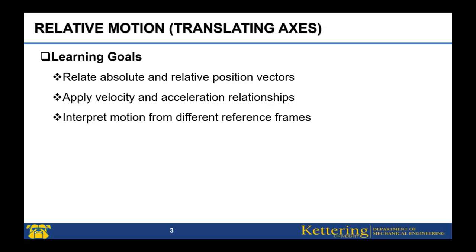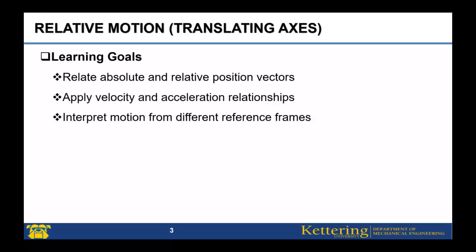How can we relate their acceleration, their velocity, and their position? Today, I'm going to relate absolute and relative position equations, apply the velocity and acceleration relations, and interpret the motion from different reference frames. You will see on the next slides.